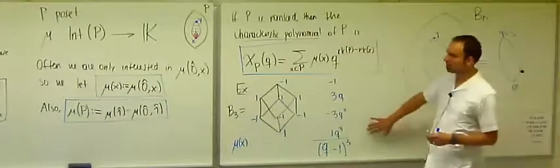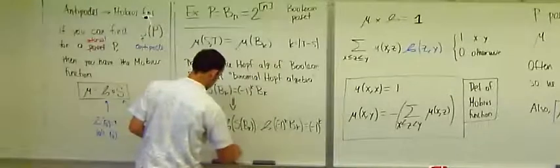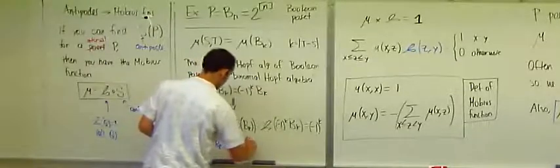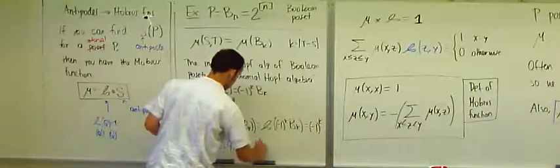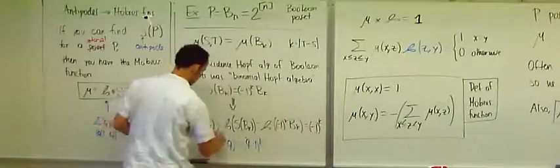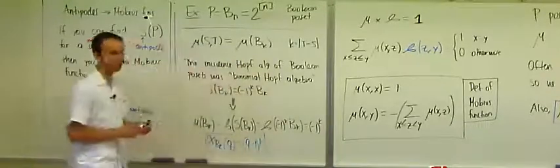And so that's it. So we know this, and therefore we know that the characteristic polynomial of b_k is just (q minus 1) to the k. For free, no thinking necessary. Okay.